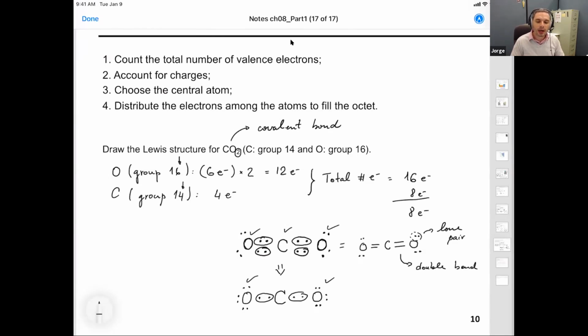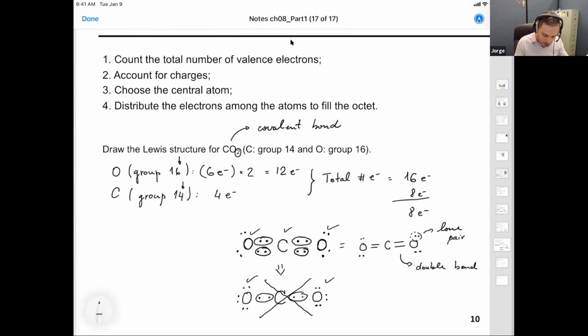However, look at the carbon atom. Carbon only has 1, 2, 3, and 4 electrons. So it still needs to get 4 more to achieve stability. And that's why this structure is not correct. And we need the double bonds there to make sure the carbon is also stable. The carbon also has 8 electrons.